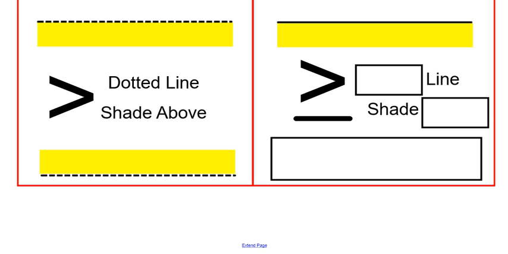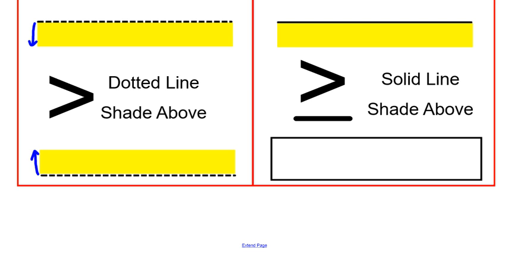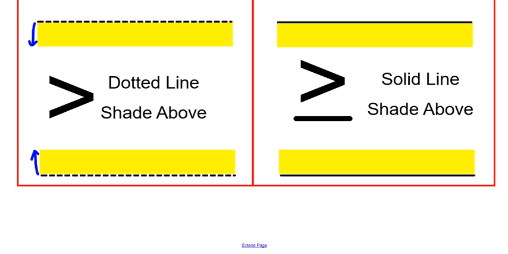Okay, so let's take a look at these two examples here. So this one was shading below the line. This one is shading above the line. That's the difference. Okay, now I have a greater than or equal to sign. You can probably figure out that it's going to have a solid line, and I'm going to shade above the line, and that's what that will look like.